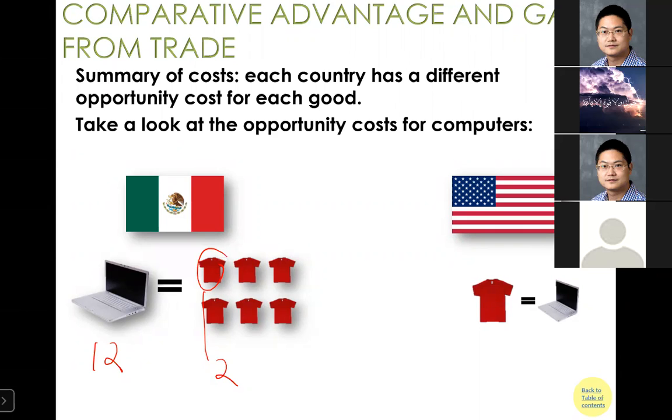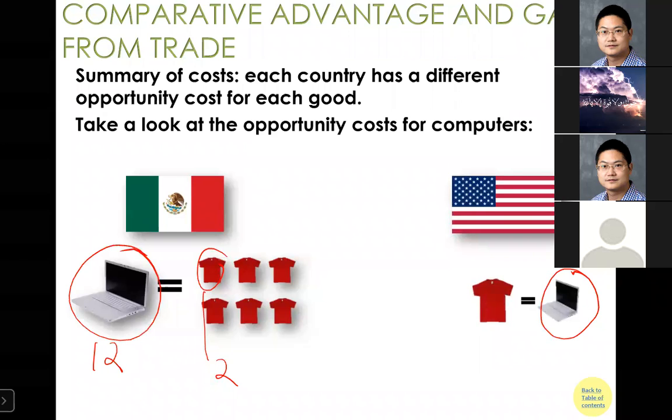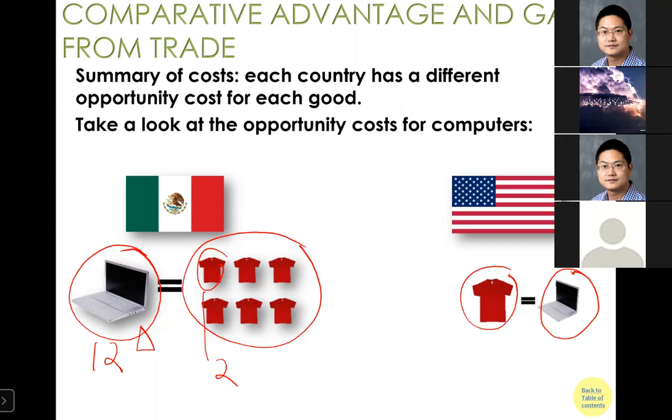Certainly, in the US, the opportunity cost of a computer is much lower compared to Mexico. Because in the US, to produce one computer, you only give up one shirt. But in Mexico, to produce the same computer, you have to give up 6 shirts. So you can clearly see the US has much stronger technology in producing computers.